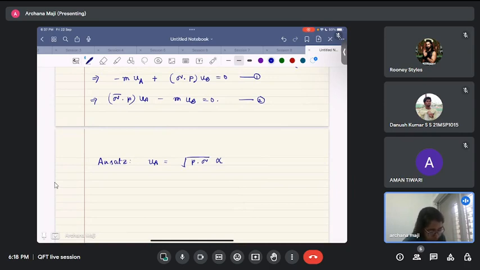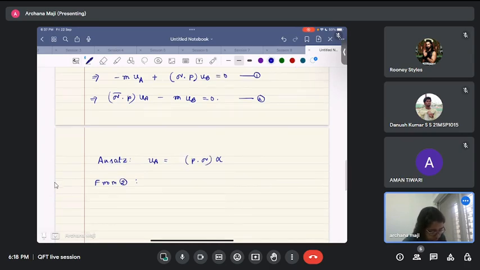So what will be ub from the second equation? Take p dot sigma, not square root. We will get sigma bar dot p, then sigma dot p alpha minus m ub equal to 0.